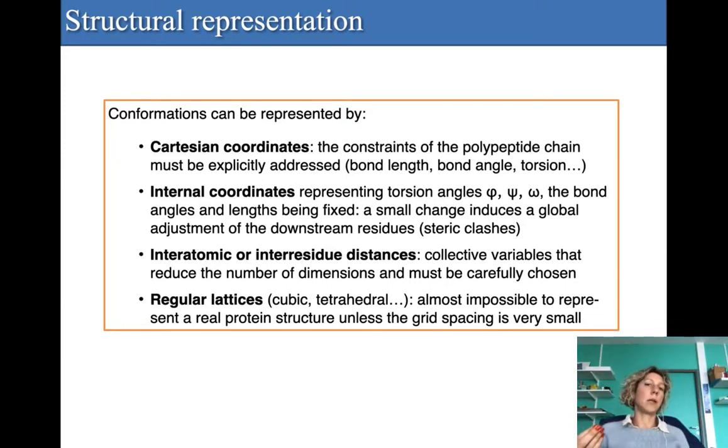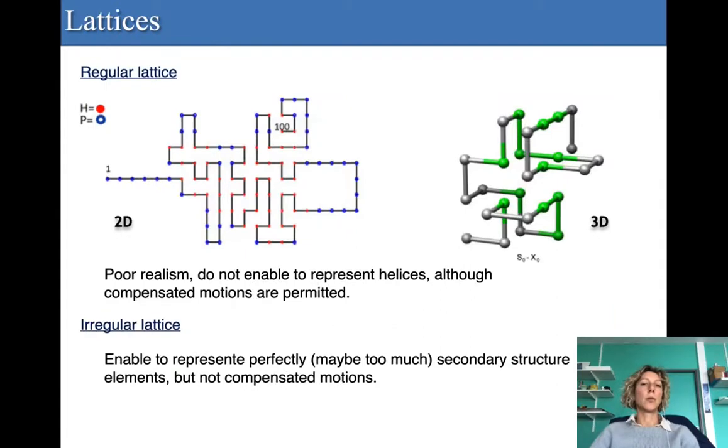And we may use regular lattice, so something very basic. It's impossible to represent real protein structures on a lattice like this, unless the grid spacing is very small, but these models have proven useful. So here is an example of a regular lattice. You just have a fixed spacing of the grid, and you put the dots that correspond to residues here, and they're just colored if they are hydrophobic or polar.